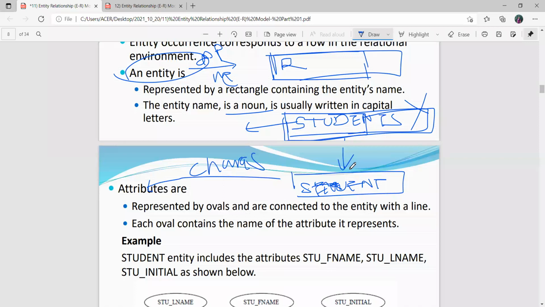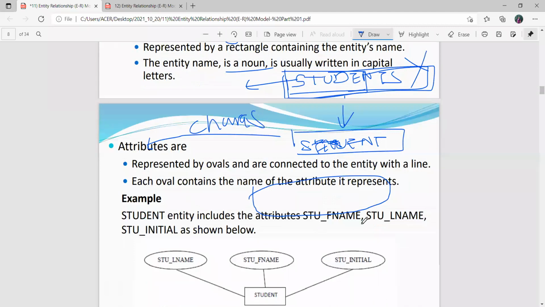In the ER model, we can use an oval shape to denote these attributes. In the oval, we can write the attribute's name.